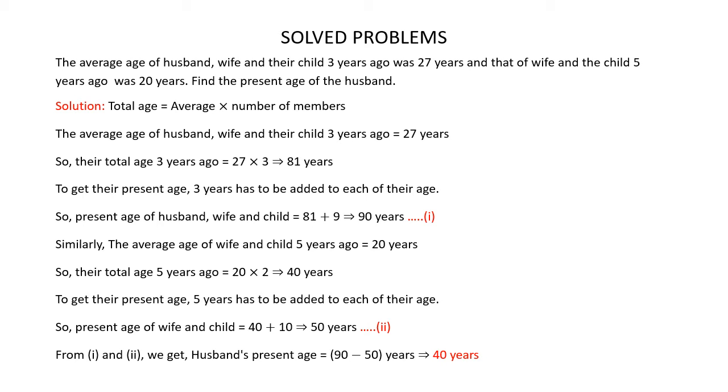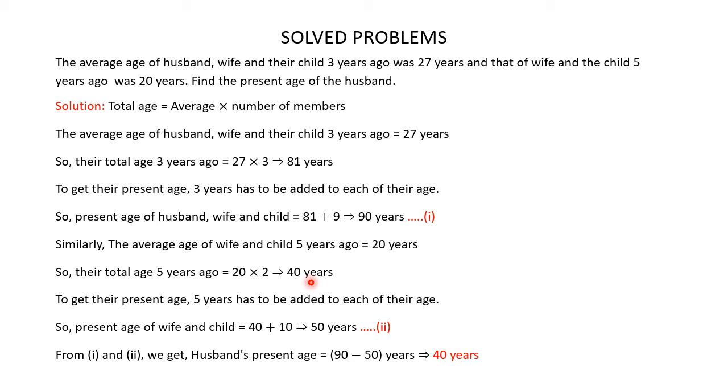Similarly, the average age of the wife and child 5 years ago was 20 years. So their total age 5 years ago is equal to their average age 5 years ago multiplied by the number of members, which is 2 here. So 20 multiplied by 2 is 40 years.